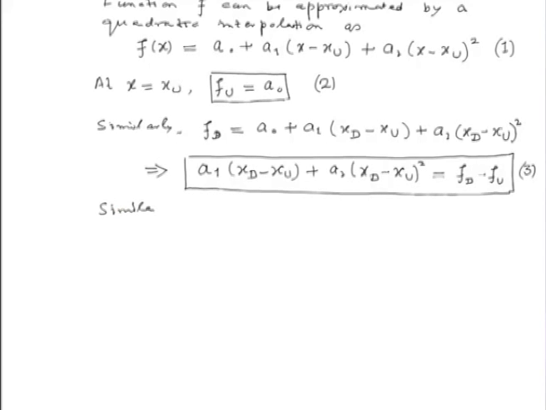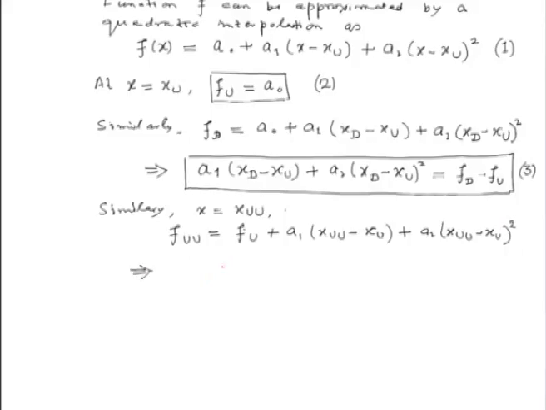Similarly, for x equal to x_uu, we will get that f at uu is equal to f at capital U plus a1 times (x_uu minus x_u) plus a2 times (x_uu minus x_u) whole square.